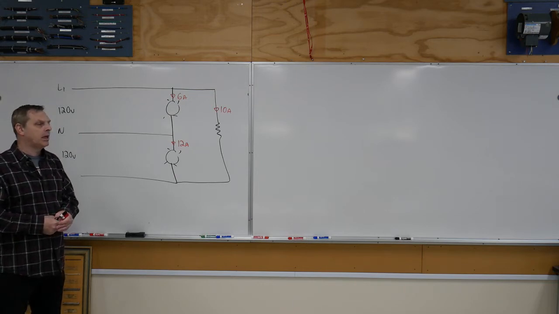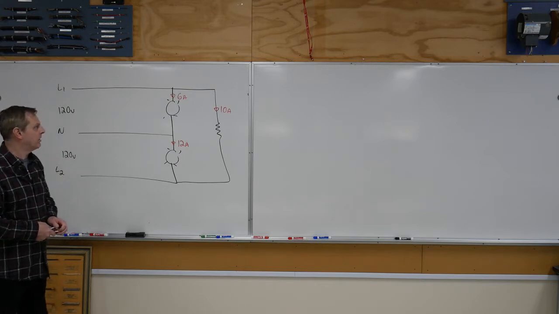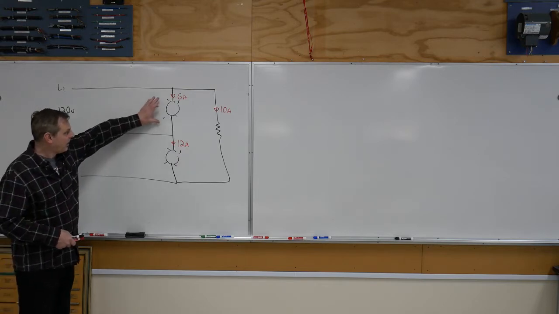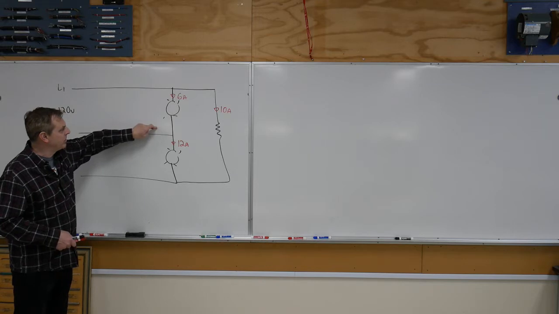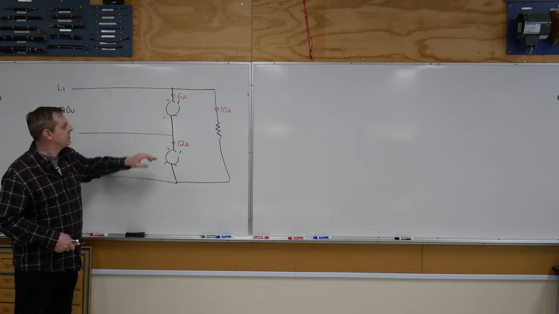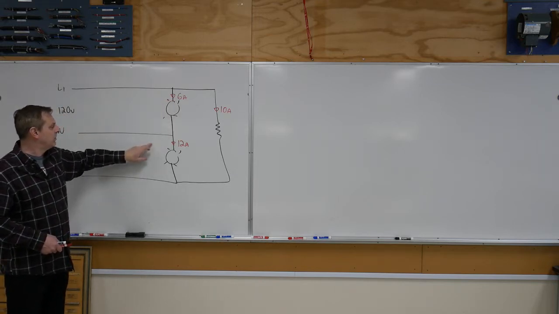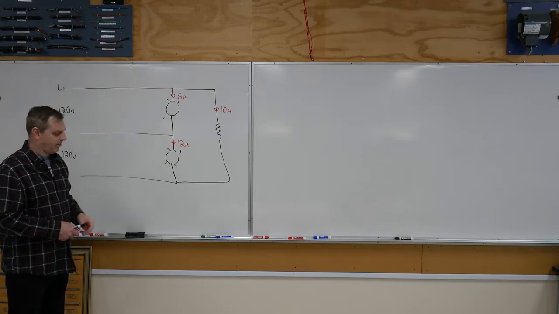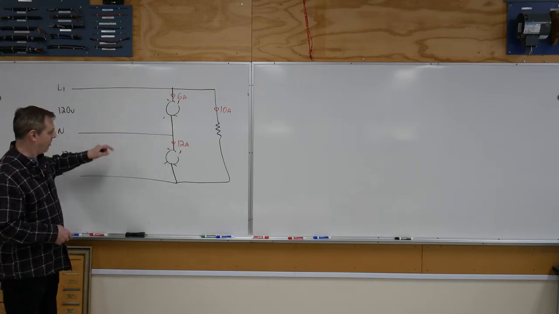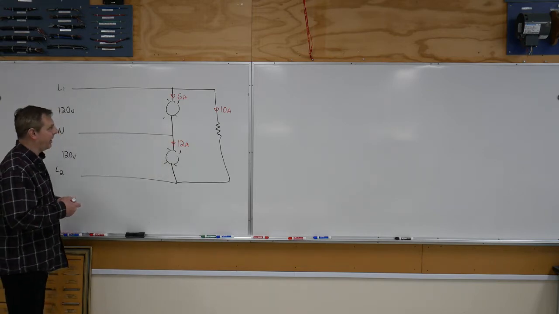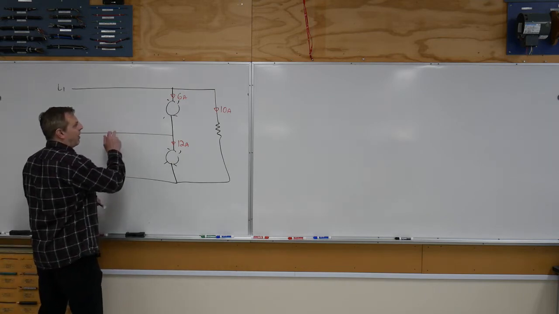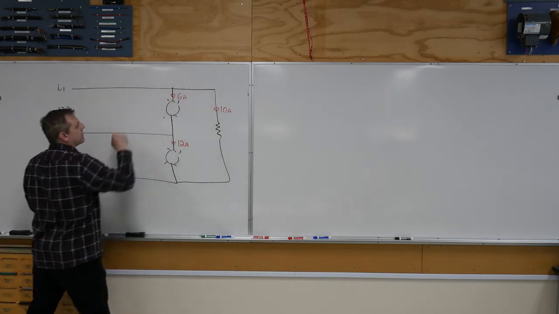The answer would be an unbalanced three-wire circuit. And we know that because my line 1 to neutral load requires 6 amps, but my line 2 to neutral requires 12 amps. So that tells me that I have to have current on my neutral. How can I come up with how much? We can analyze what's happening out here.